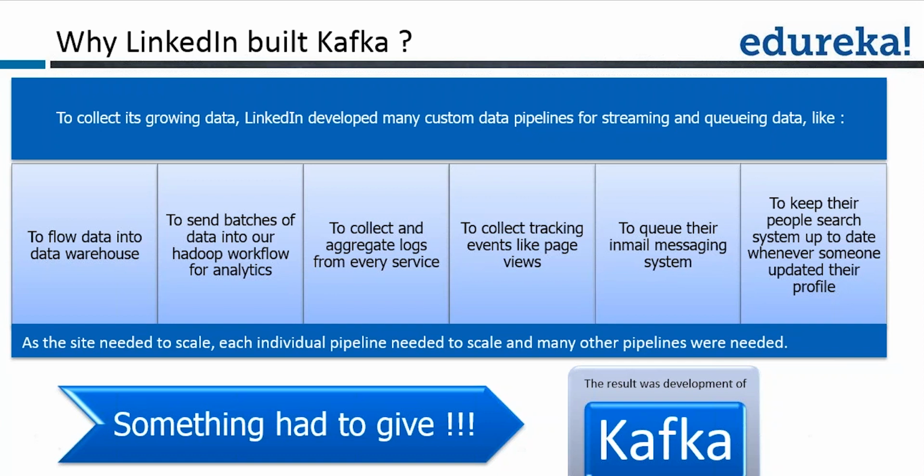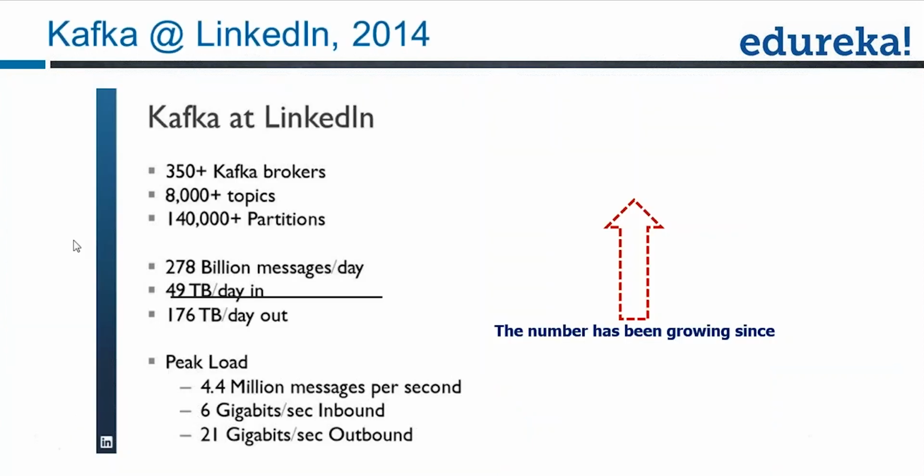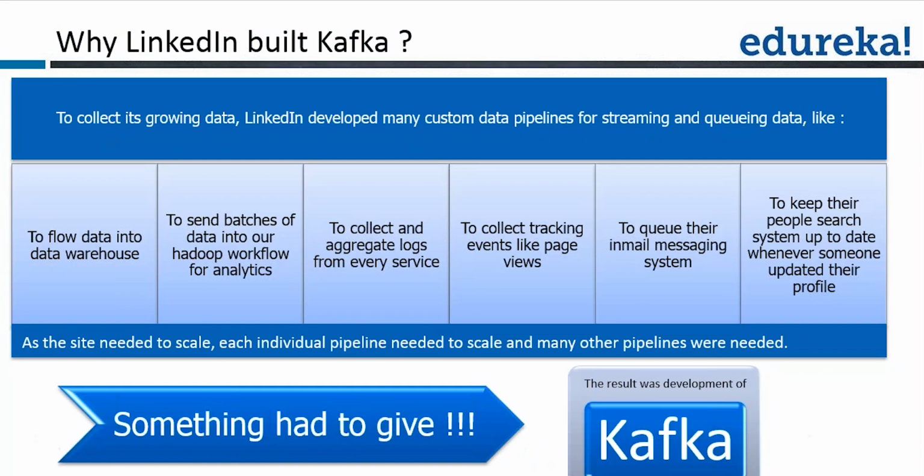For them, the first important thing was to flow data into the data warehouse, to send batches of data into the Hadoop workflow for analytics. Whatever logs and data they were generating, they wanted to push back to HDFS, where they can do analytics on top of that data, and to collect and aggregate logs from every service.